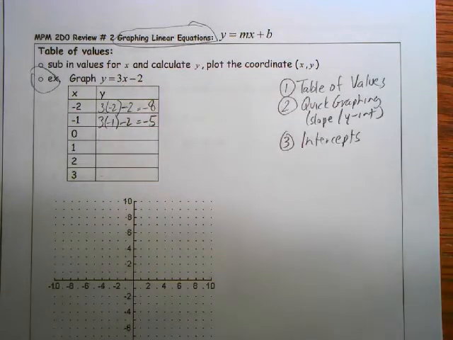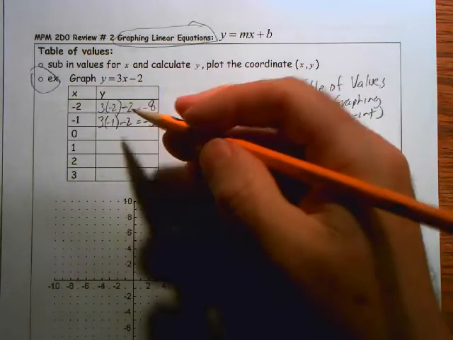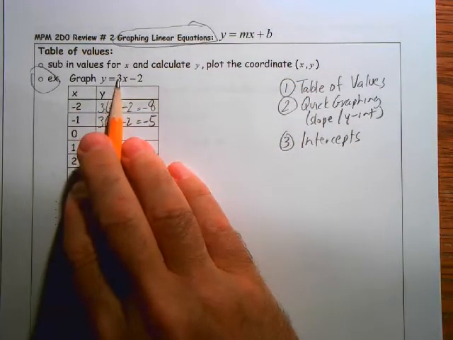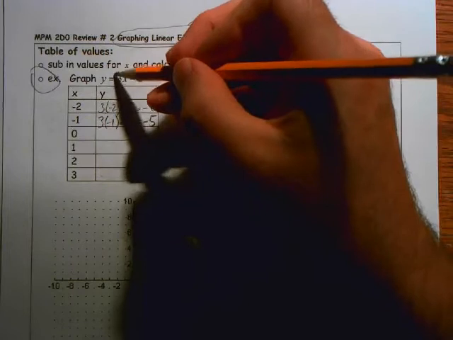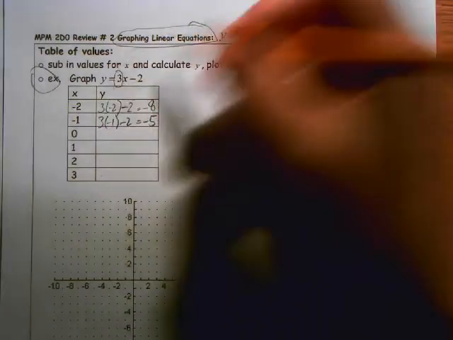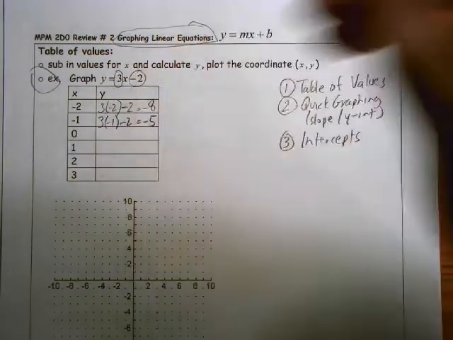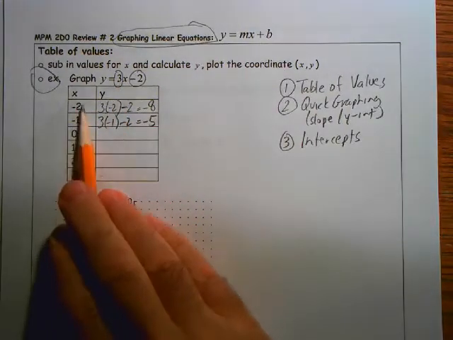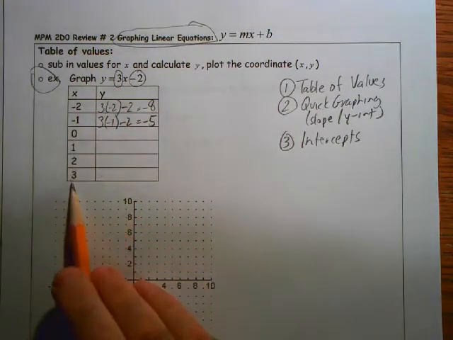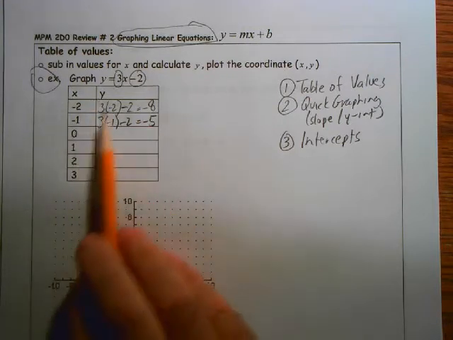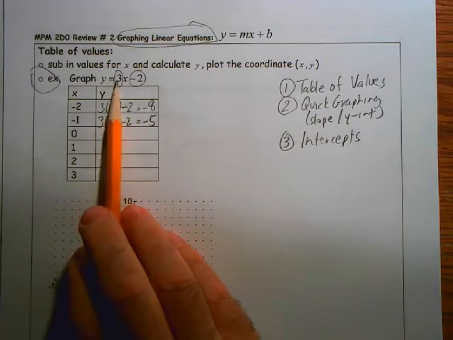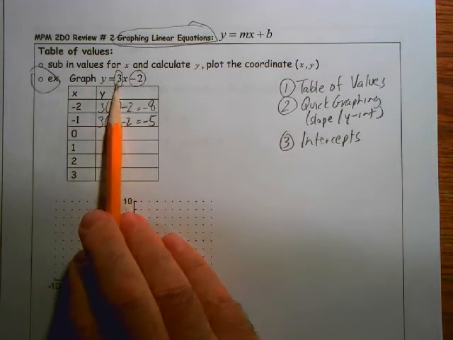Now, once you know how to do the table of values, especially if you remember that's the slope and that's the y-intercept, right? If you're doing a table of values where the x value goes up by 1 every time, that means once you've done your first couple of y values like we have, you know that y should be going up by 3 every time because that's the slope.